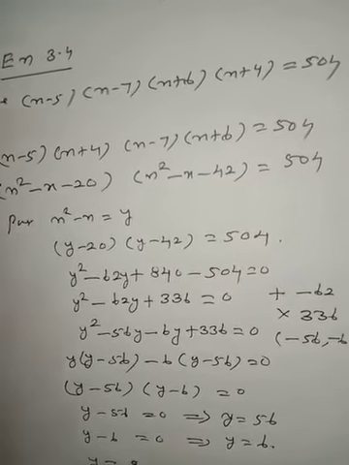Hence the two values are x is equal to 3 and minus 2. Hence the four values are, the given problem is a fourth degree equation, hence the four values are: first 8, minus 7, next 3, next minus 2.